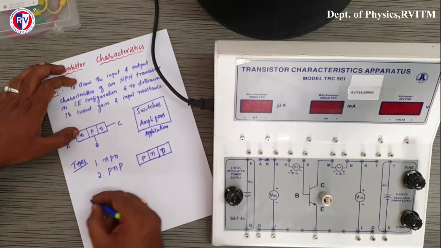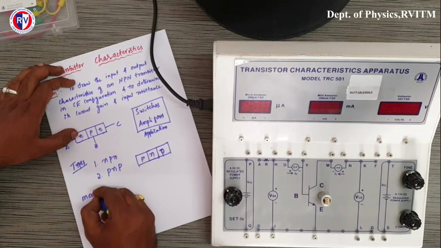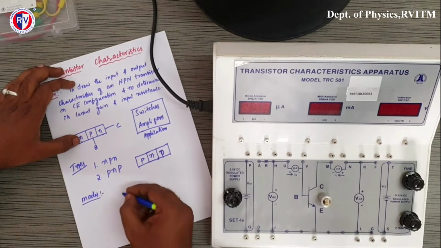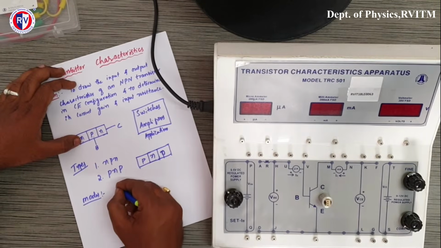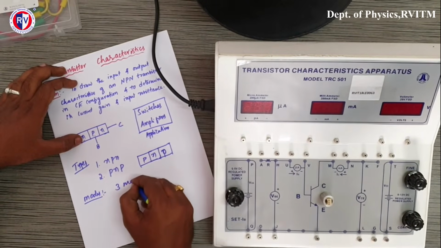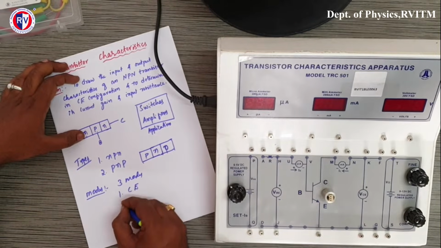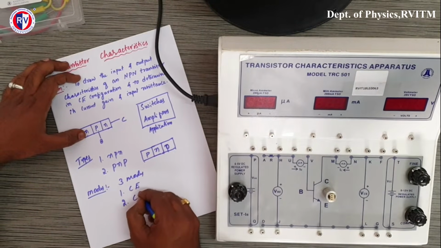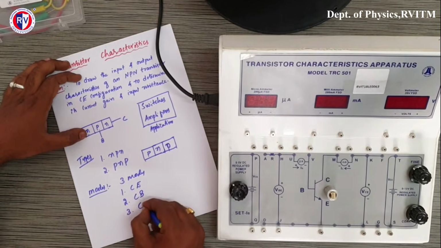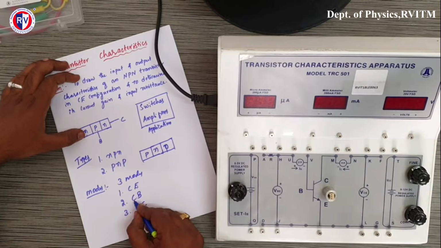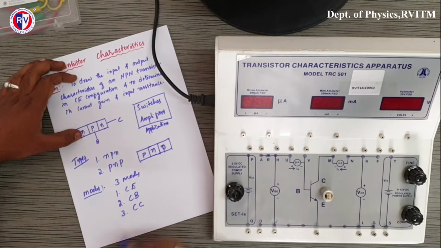Now what are the modes in which these transistors can be used? We have three modes: one is CE mode, the second is CB mode, the third is CC mode. CE is called common emitter mode, this is common base, and this is common collector mode.